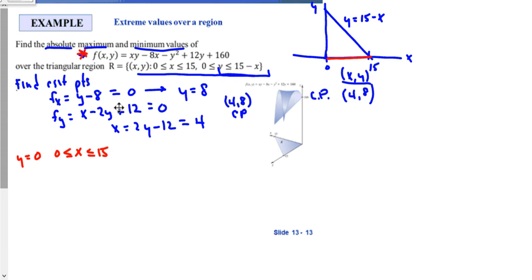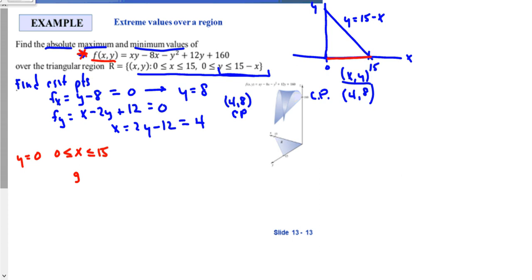We don't have a specific x. The x is any value from 0 to 15, but we know all those points have a y of 0. So for this function f of x, y, I'm going to come up with another function that has just one variable, so we can find its maximums and minimums using Calc 1.